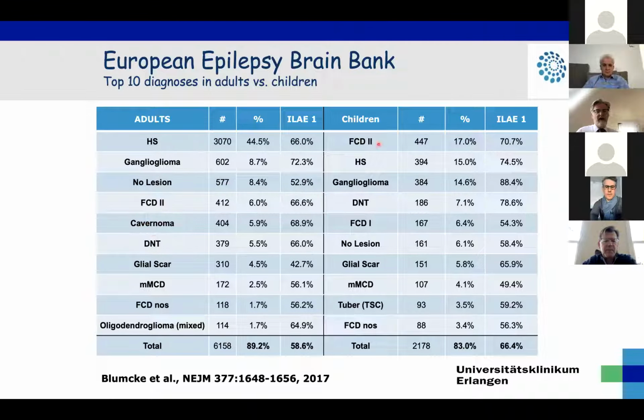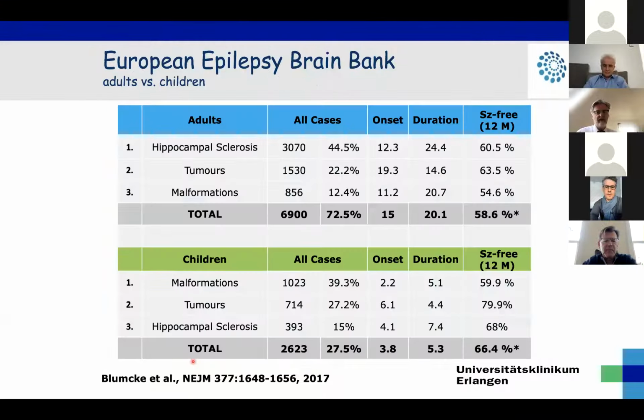In the children, you have more of the FCD type 2. This is by far the most common, then hippocampus sclerosis, and then the ganglioglioma, and also the non-lesional. So you see there are similar disease categories and diagnoses, but at the end, these 10 sum up to 80% in children and almost 90% in adults.